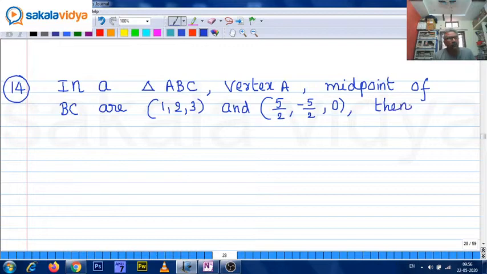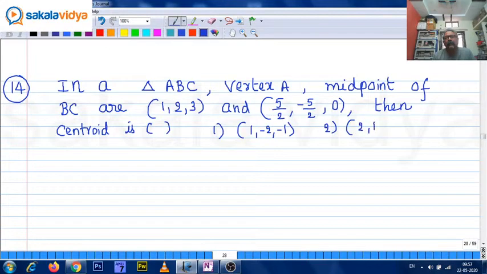Then the centroid is: first option 1, minus 2, minus 1; second option 2, 1, 1; third option 1, minus 2, 1; fourth option 2, minus 1, 1.